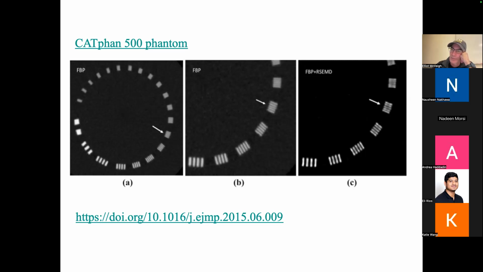And we have phantoms here that we got made in the machine shop that have another way of doing this, by just imaging discs which reduce their diameter. We just drilled smaller and smaller holes. And then what you do is you look at the change in the contrast between the hole and the background as the hole gets smaller.